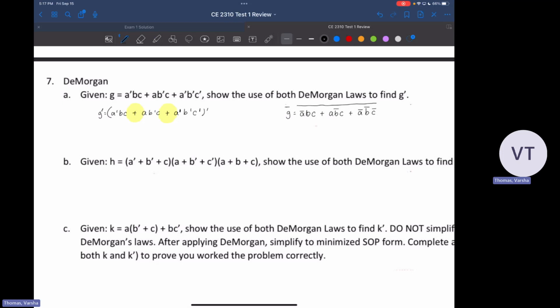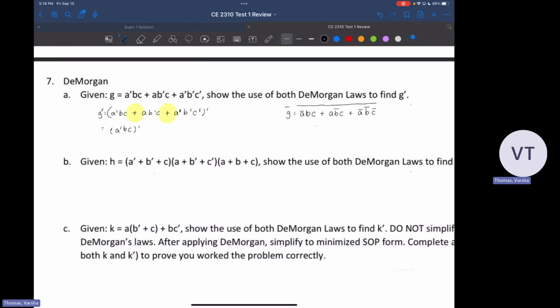Technically, that's what we're going to do. We're going to break up the connections there, and we get A naught, B, C. Change the relationship, so instead of an OR, it's an AND. Then A, B naught, C, and I should have put the OR there.